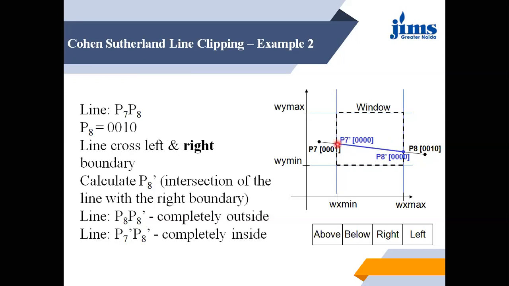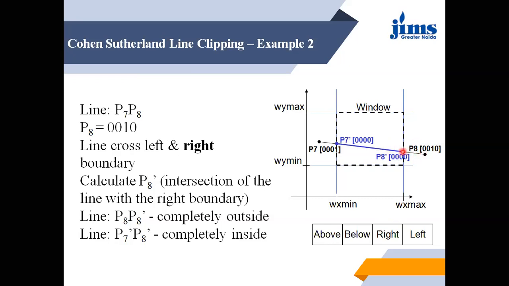Just the way we calculate the left point, that is P7 dash, by using the slope of the line, we can find the value of P8 dash also, as this one is to the right of the window.